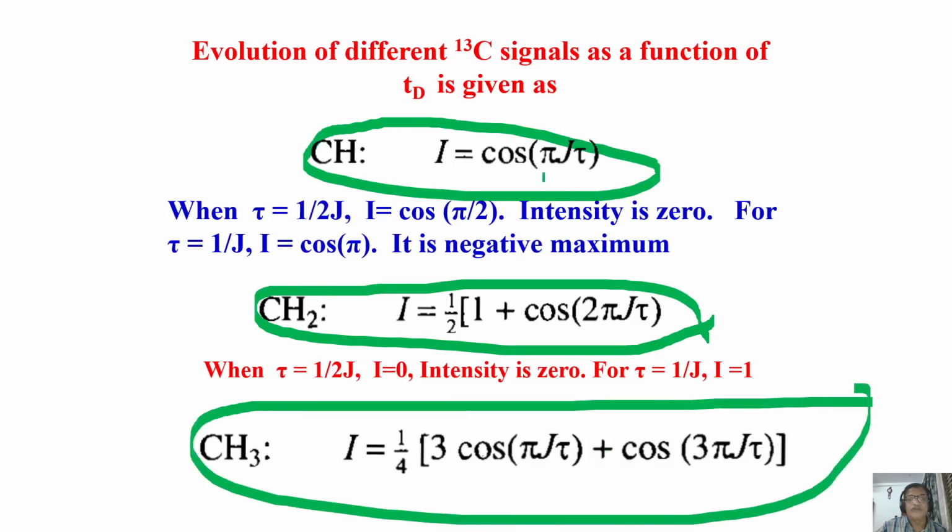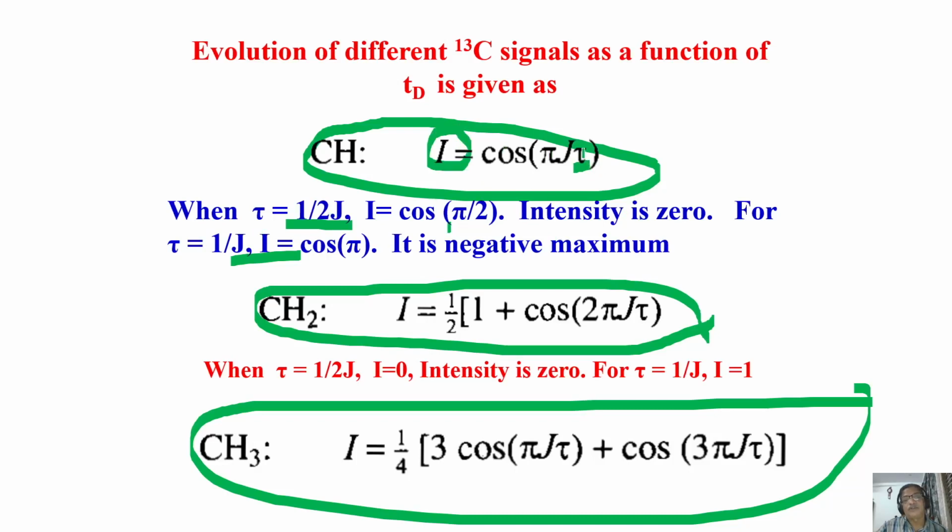But now when you put in different values of tau, you can find out what happens. When tau is equal to 1 over 2J, in the case of CH, you put 1 over 2J here, and this becomes 0.